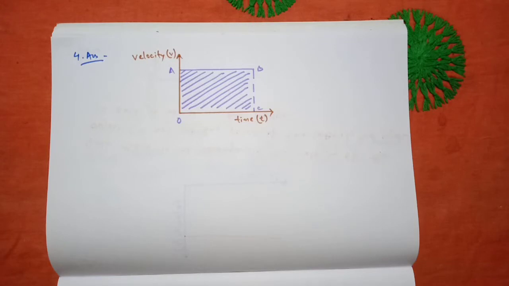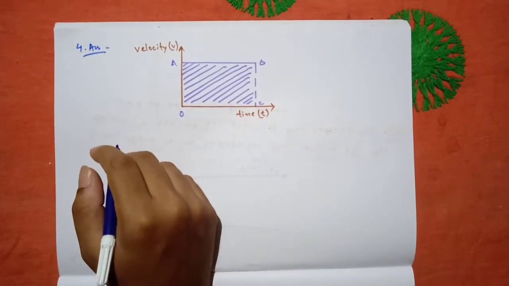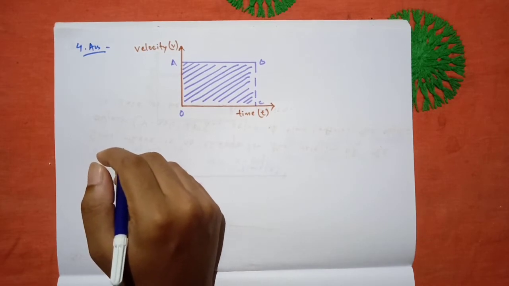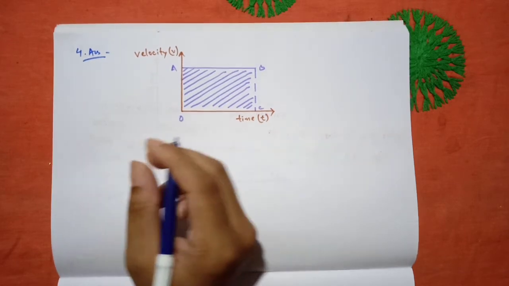So now question number 4. As I have drawn this diagram, it will be easier to understand. The question is asked about what is the quantity which is measured by the area occupied below the velocity time graph.